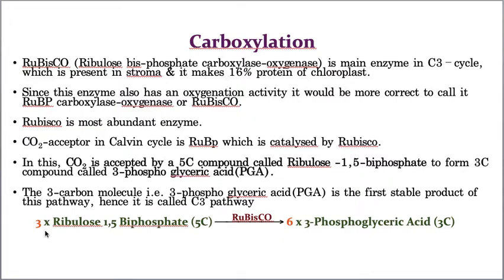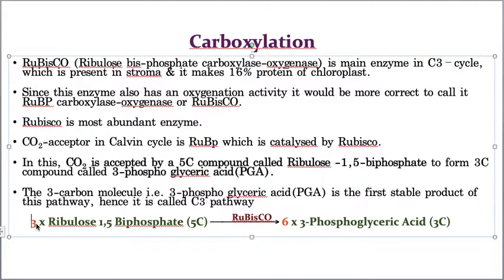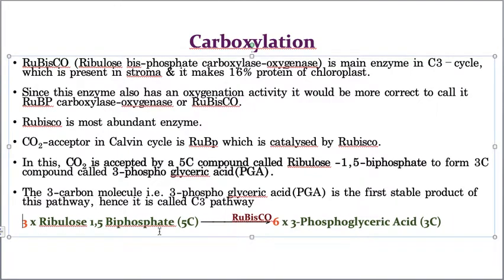Now see, 3 RuBPs, each RuBP having 5 carbons, that means 3 times 5 is 15, react with 3 carbon dioxide. Students, I made a mistake. Did you notice what mistake I made? Yes, I forgot the CO2. Every time I do this.